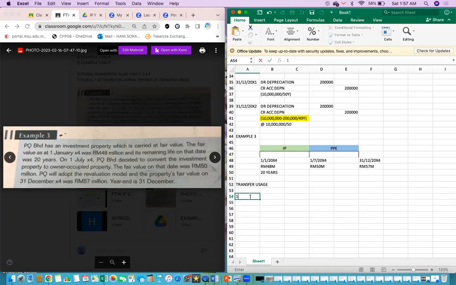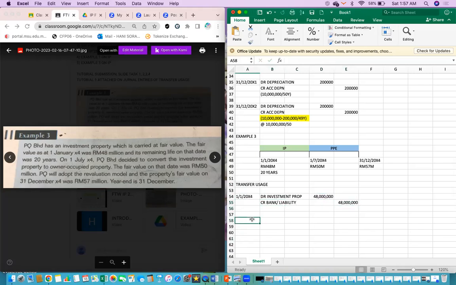So 1st of January 2004, we're just going to recognize it as investment property. Okay, so the amount is 48 million. And then we are going to credit the bank or liability, 48 million.